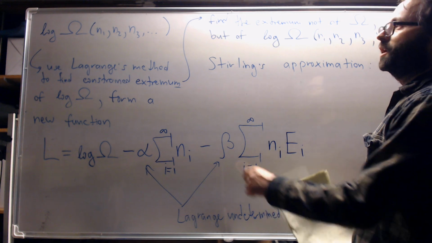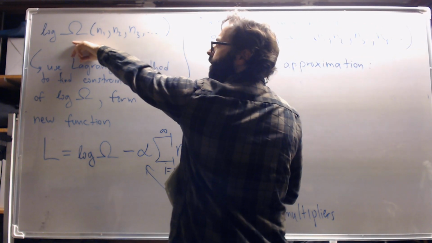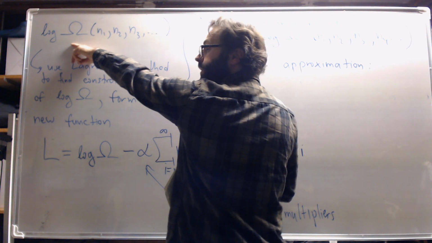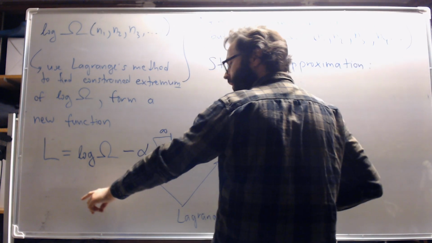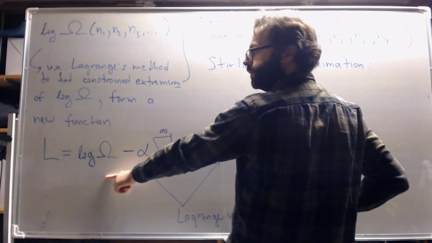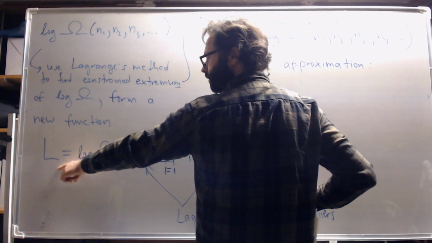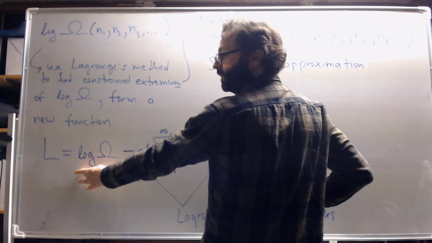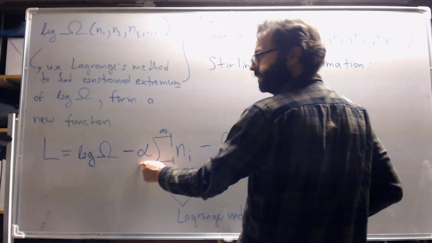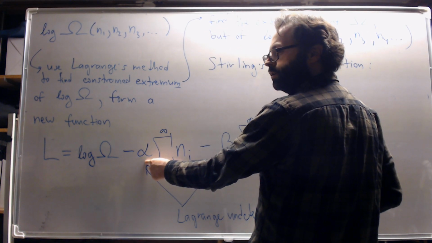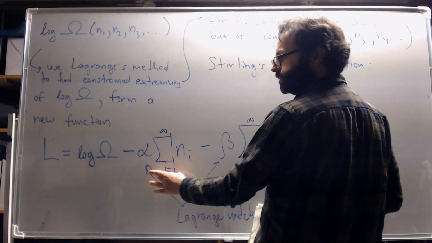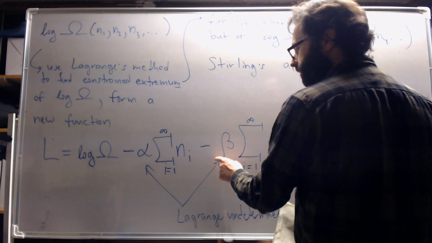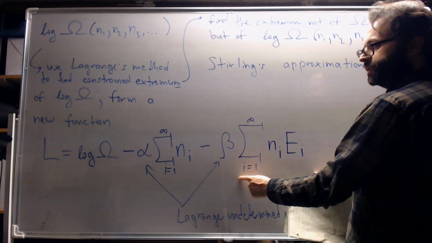And the idea is that to find the constrained extremum of this function is equivalent mathematically to finding the unconstrained extremum of this new function, where this new function L, for Lagrange, is the original function that we were trying to find the constrained extremum of, minus an unknown constant as of yet times the first constraint, minus a second unknown constant times the second constraint.